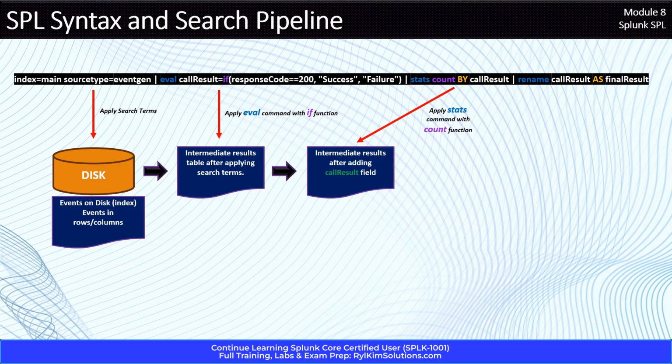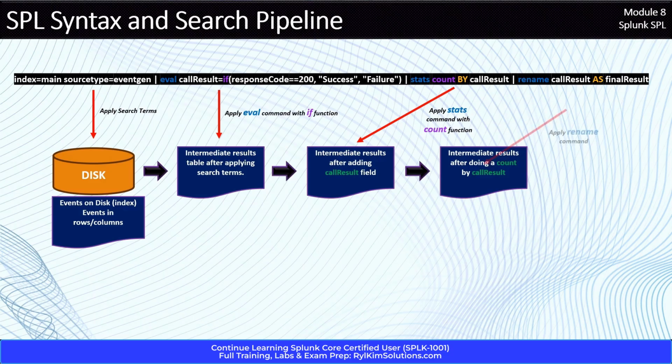So what you are really trying to do here is get a count of events by the new field core result that you just calculated. So after that now, you're going to get your next set of intermediate results, which is going to be a statistics table that shows you the count of events by the core result field.